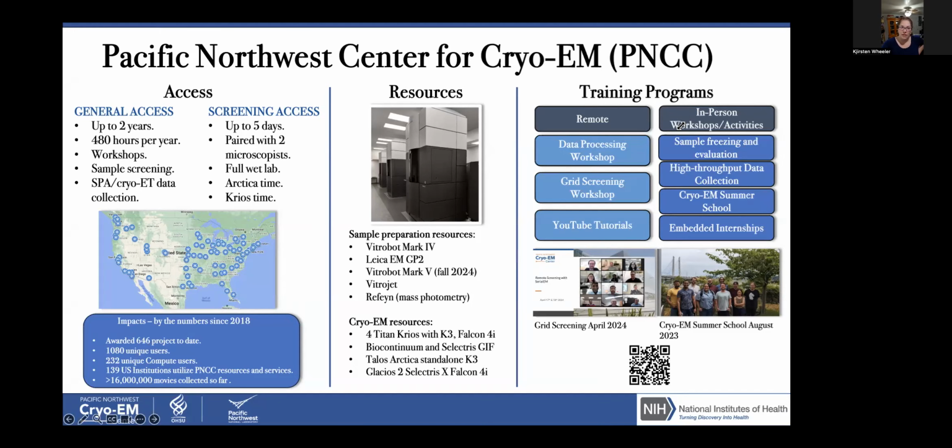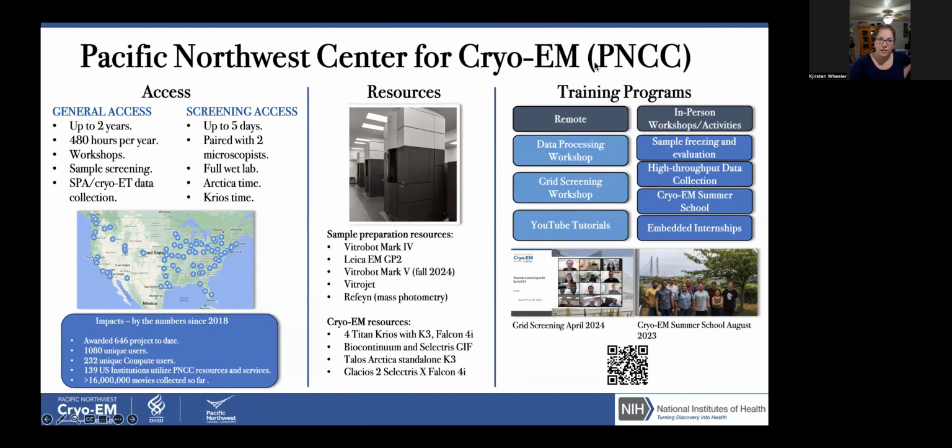PNCC specializes in a few different things, of which 2 of our training types and accessibility avenues are general access as well as screening access. Screening access is up to 5 days of scope time where up to two recipients are able to come on site. General access is actually a 2-year proposal where you can utilize the data collection as well as screening on our scopes.